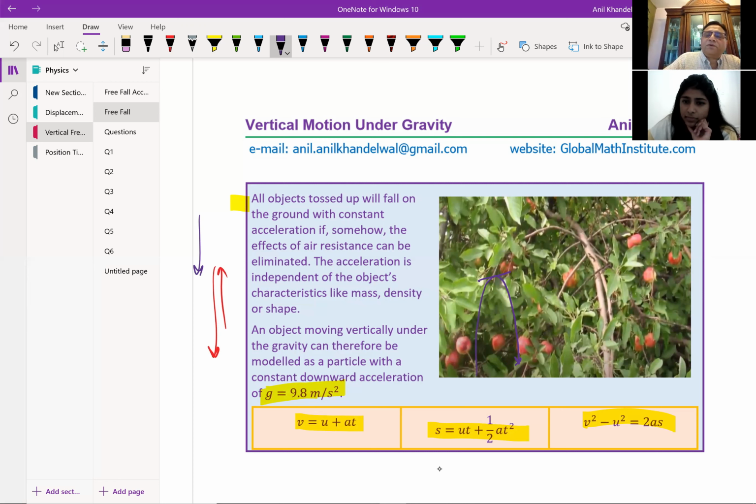But if you want to find how much time it takes for an apple to come down, both will be positive, velocity and gravity. Is that clear to you? Yeah. So that is something very important to note.